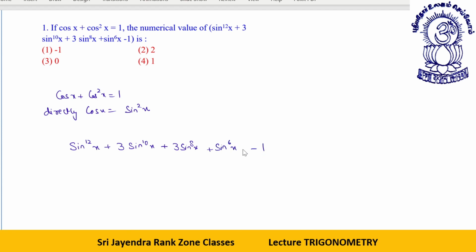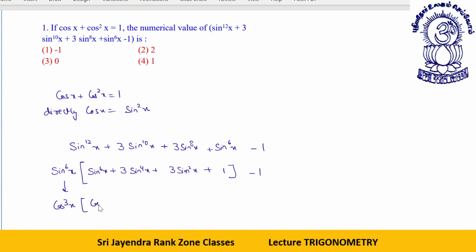This is what you require. Fine. I take sine 6x common. If I take sine 6x common, I'm left with sine 6x plus 3 sine 4x plus 3 sine square x plus 1, minus 1. This sine 6x I'll replace as cos cube x.